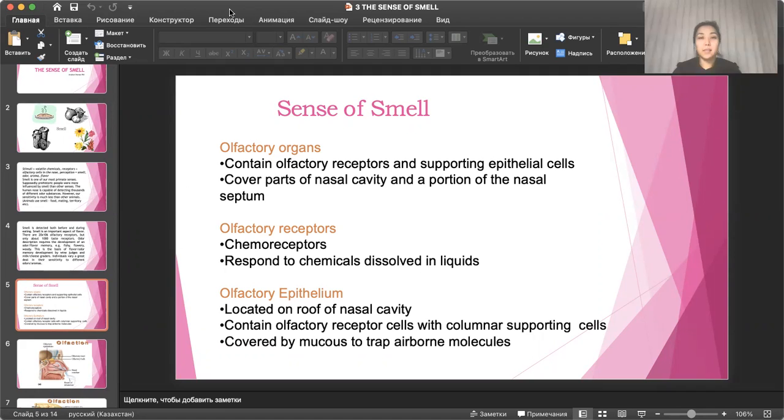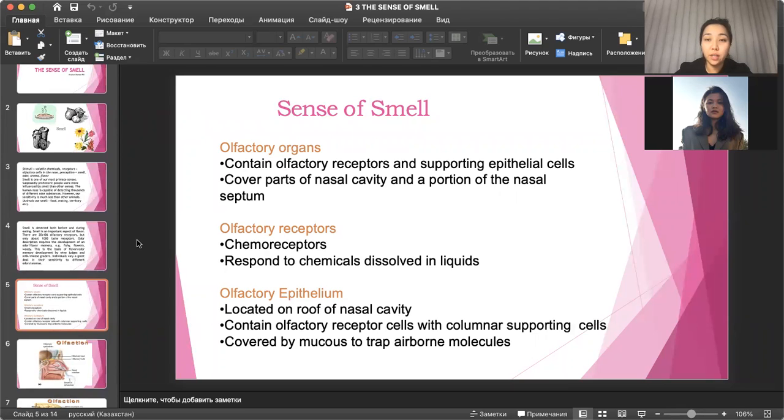The sense of smell uses our olfactory organs, containing the olfactory receptors and supporting epithelial cells, which cover parts of the nasal cavity and the portion of the nasal septum.